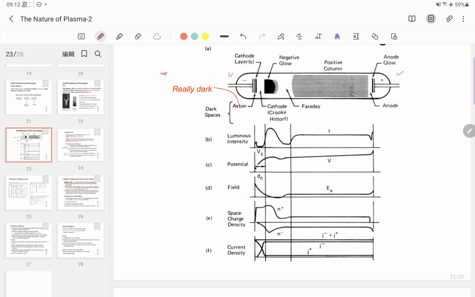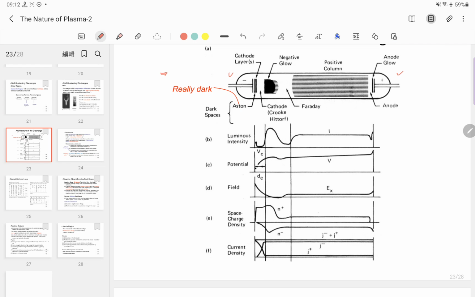And usually when we use the DC sputtering or DC CVD power supply, the applied voltage is around a few hundred volts. So the cathode is negatively biased, and usually the anode is grounded, so the potential is 0 volt.